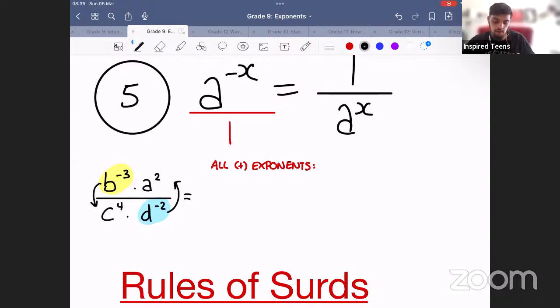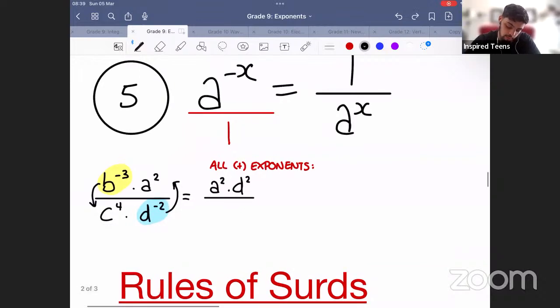Okay, so let's do that. If I wanted it as all positive exponents, I could still have my a squared, but then I'm going to multiply it by d squared as well. So do you see what I did? Instead of having d to the negative 2 at the bottom, I put it to the top and I could change it to positive. Then at the bottom, I still have c to the 4, and I'm going to multiply it by b to the positive 3 because now I took it to the bottom. So the negative ones, you can take it to the top or take it to the bottom.